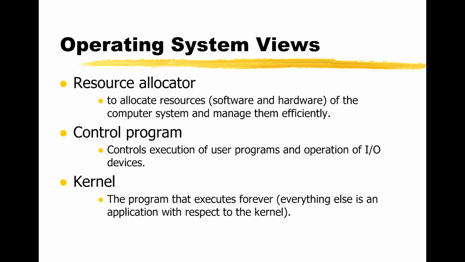So it allocates resources such as the central processing unit. It also allocates resources such as the input and output devices. So any resource that is needed by an application is being given out by the operating system.